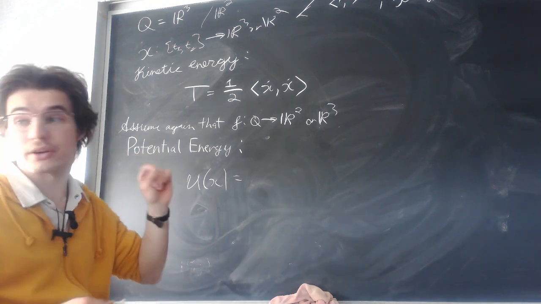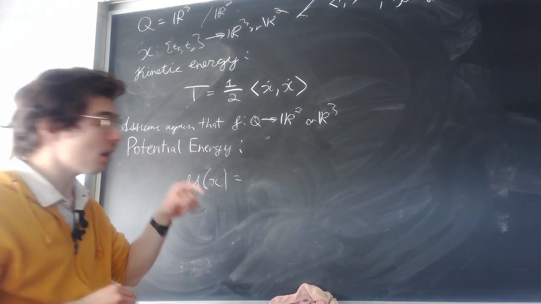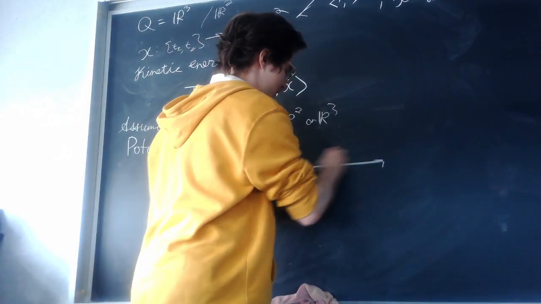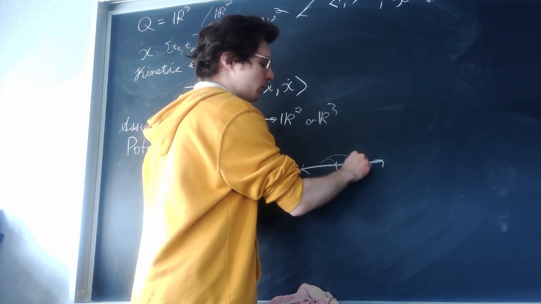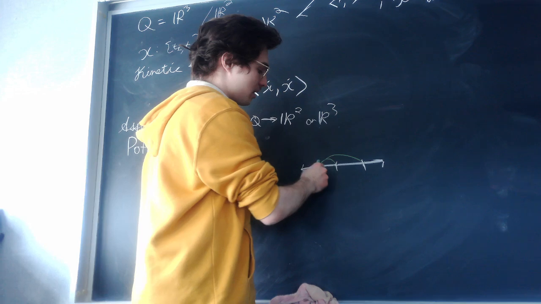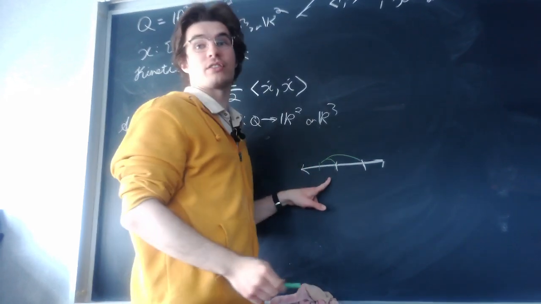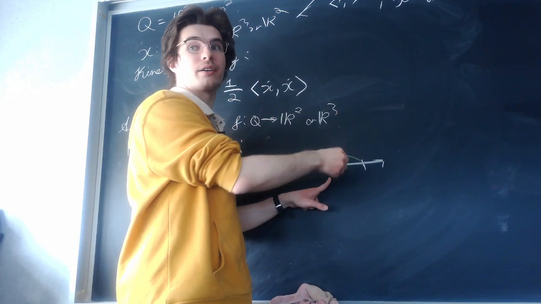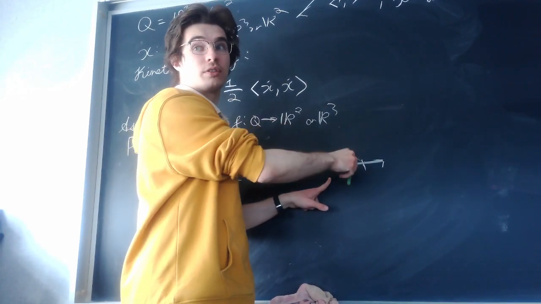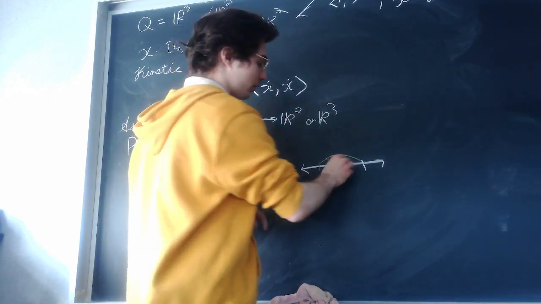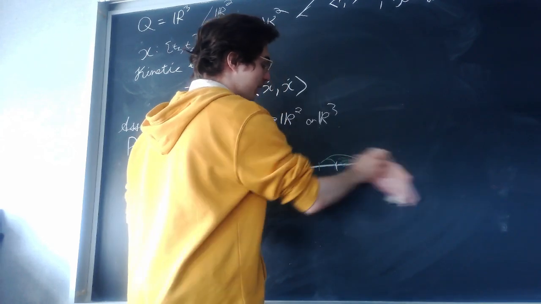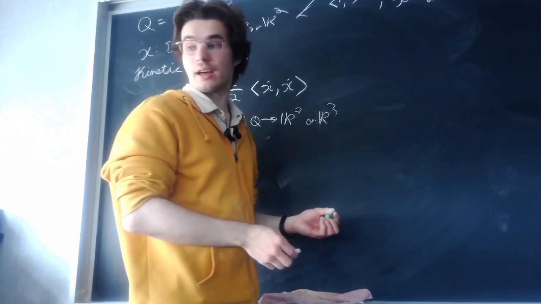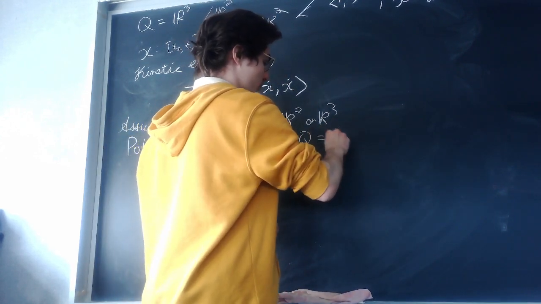The cool part about R is, if my path was to get from here to here, and instead of going directly, I first went here and then went back, then this contribution to the integral actually cancels out, because I'm going there and then going back. This gives a negative contribution, this gives a positive contribution, and they just cancel out. So the only thing that really matters is the distance between x and x naught. Now suppose my configuration space was Q equal to R2.